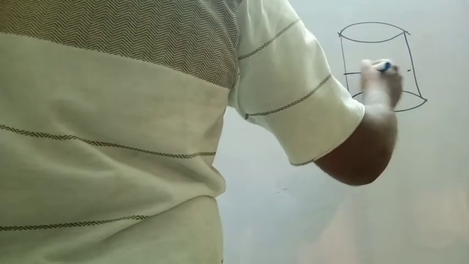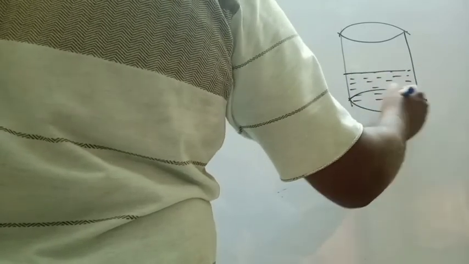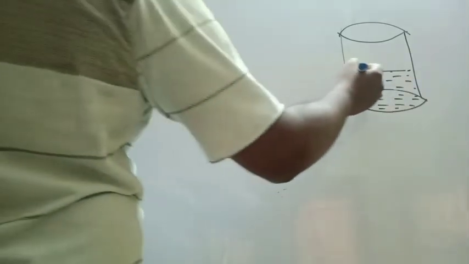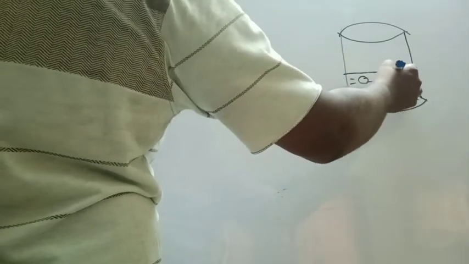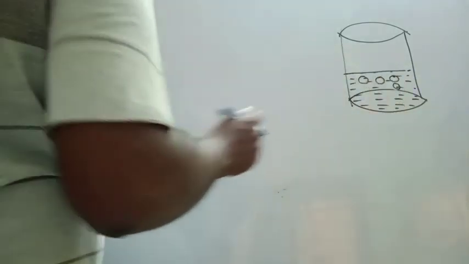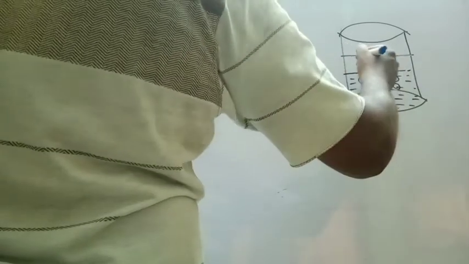It has some water till here, like this. Once the water is there, you have dropped some spherical marbles of diameter 1.4 centimeter. Now the water level rises like this.